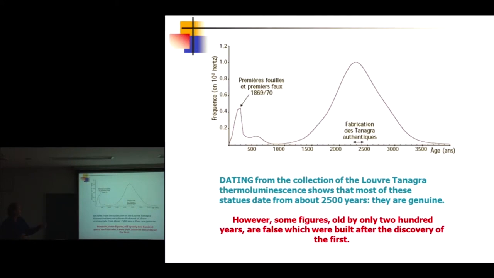So you can see this is the frequency of the fabrication of the Tanagra about 2,500 years ago. The Tanagra was fabricated in this range, and a second population of Tanagra appears very close by, I think between 200 and 300 years ago, and this was a false Tanagra, of course.